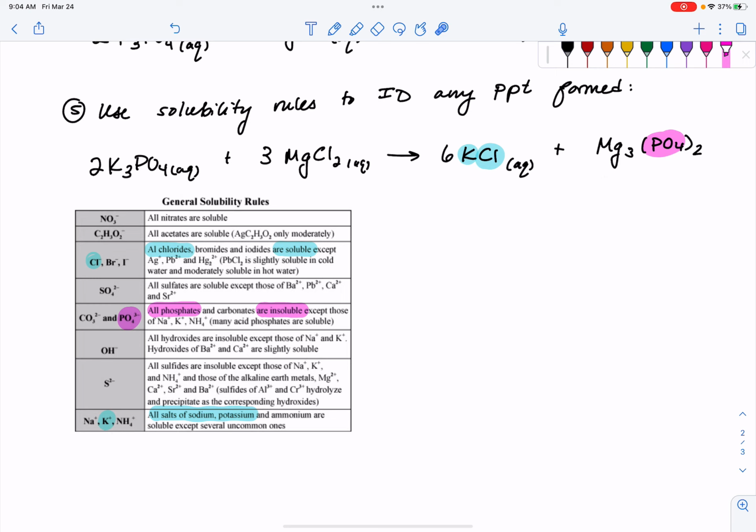We have magnesium. So we need to follow the rule that all phosphates are insoluble, meaning that this will not dissociate into ions in solution. Rather, we will see this form as a precipitate, or a solid that crashes out of solution.